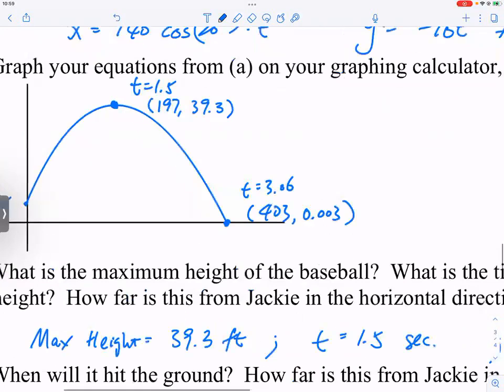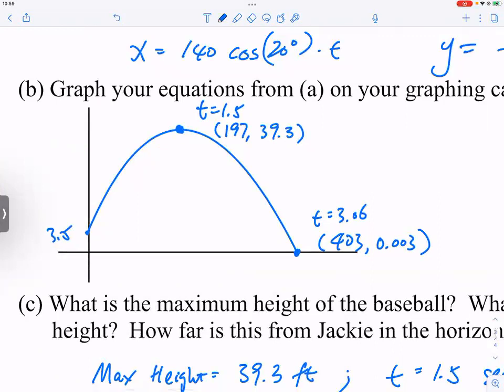Now one disclaimer: my step size was very small, and the t is only showing 3.06, so only to the hundredth of a second. So you may get 3.06 or you may get something different. It's okay. My goal is that you can get the y value as close to 0 as possible.